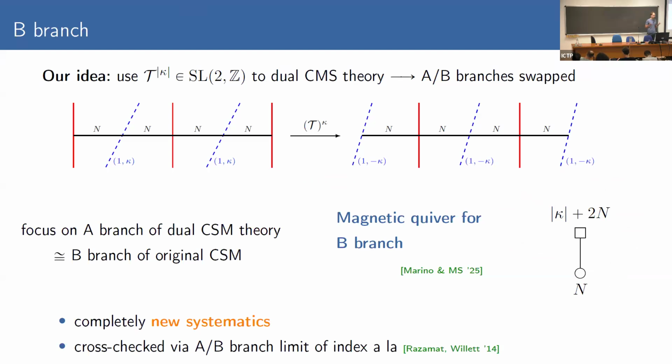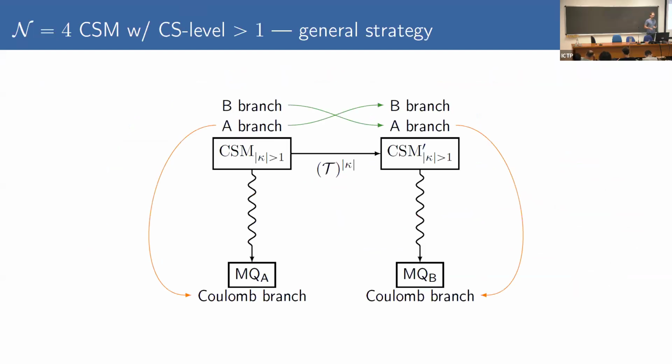You just do a nice transformation in the brane system, and you're good to go. Right? So in this sense, you have now this very nice feature which generalizes the kappa equals 1 case: you have the Chern-Simons theory, you read off the magnetic quiver straight away, and then you go to a dual one to read off the magnetic quiver of the second branch. You compute both maximal branches with a nice Coulomb branch problem.